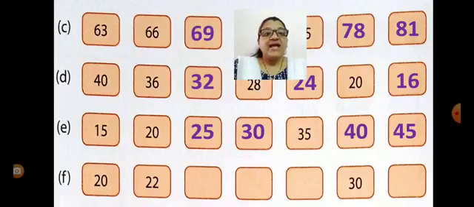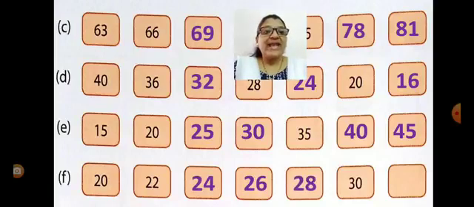And the rule here is add 2. Hence, the next numbers will be 24, 26, 28, 30 is given. The last number will be 32. Yes. This way we have to complete this example. Let us see the next question now.